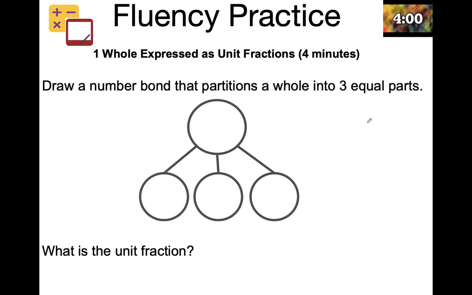But first, we're going to start off with a fluency practice. Now, this is something we did in the very beginning of when we were learning about fractions. And we would take one whole and break it apart into its equal parts. Now it says to draw a number bond that partitions, here's this really important word we've been learning about, partitions a whole into three equal parts.